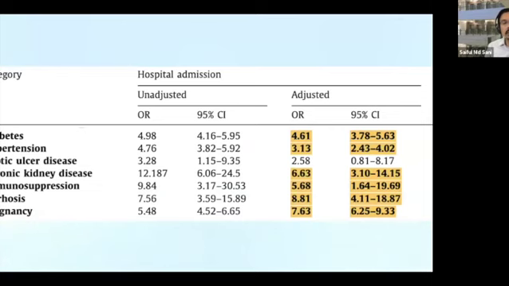Again, diabetes is a big factor there, but also hypertension, chronic kidney disease, people who are immunosuppressed, for example, patients who are being given immunosuppressant drugs, people with HIV, patients with cirrhosis, and patients who are pregnant.